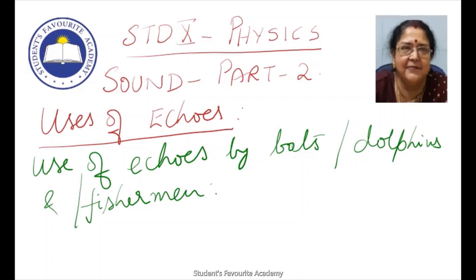Now animals have different audible ranges of frequency, like bats, dolphins, dogs have a much higher audible range than human beings. Bats can produce and detect sound of very high frequency, up to about 100 kilohertz. Bats fly with a speed much lower than the speed of sound.